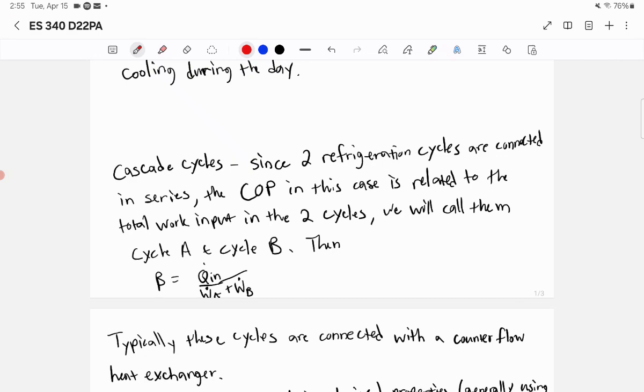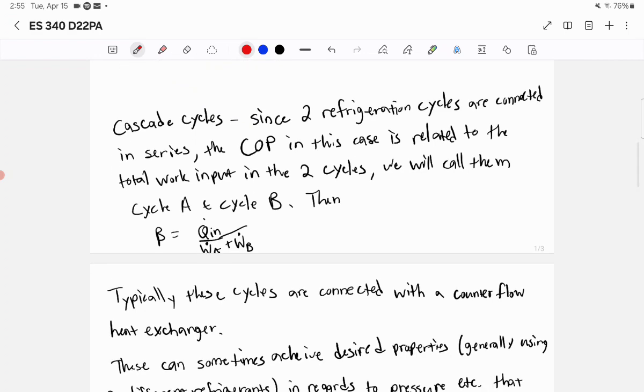Cascade cycles, as I mentioned, the idea here is to connect multiple refrigeration cycles in series. Typically it's 2, but you could imagine doing more. Now this does require more work input, right? Because we're going to have 2 cycles that are being powered.